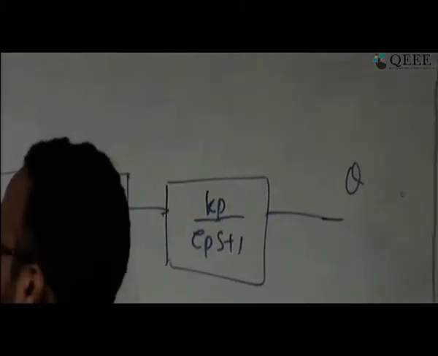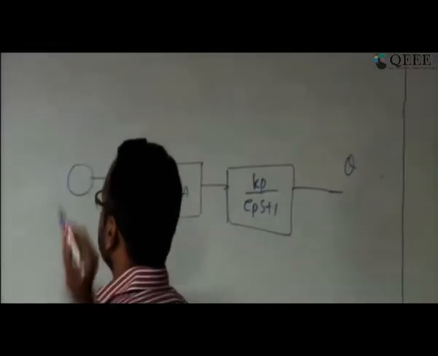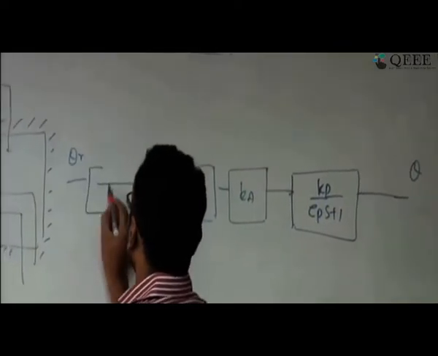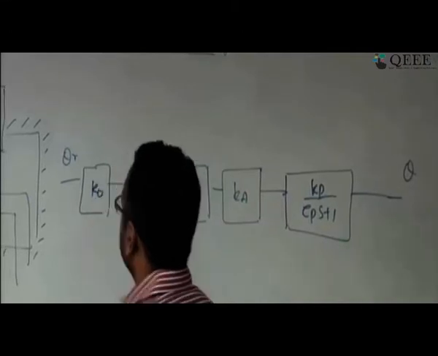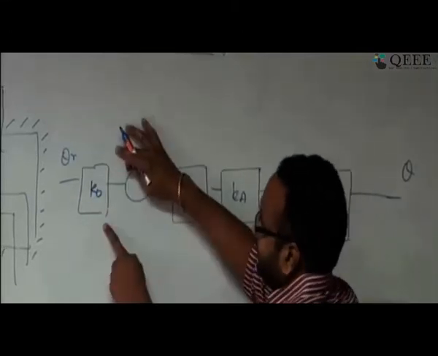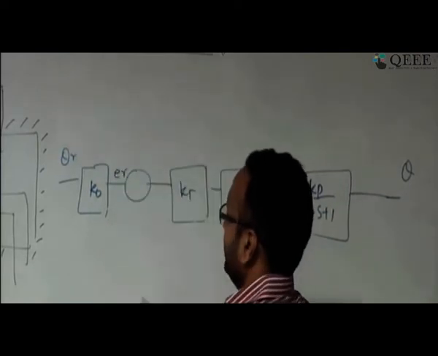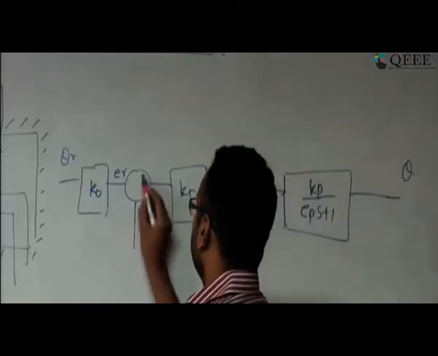Then there is an amplifier, and a transducer Kt, and the sequence of the system. The reference temperature is converted by some kind of system to a voltage ER. Okay, the thermostat, and this is the constant of the thermostat.